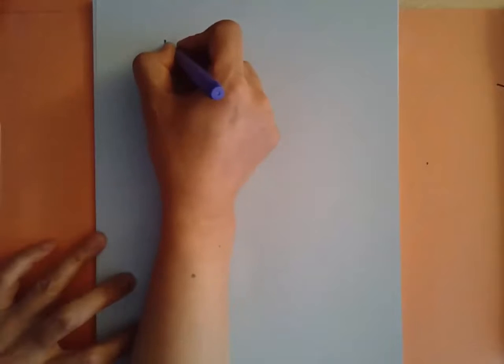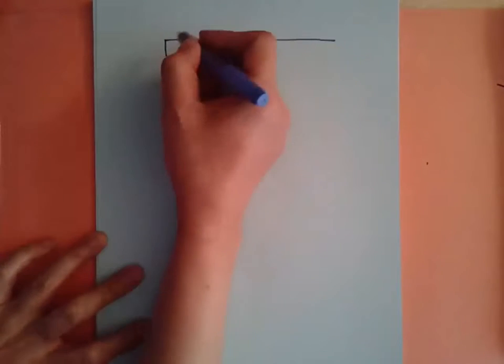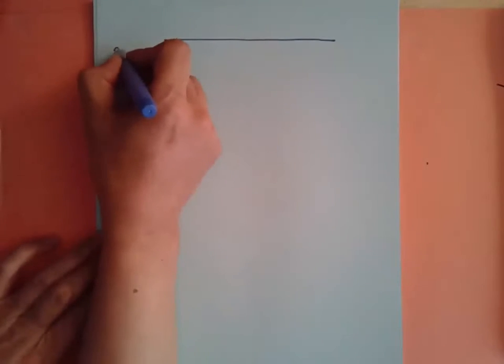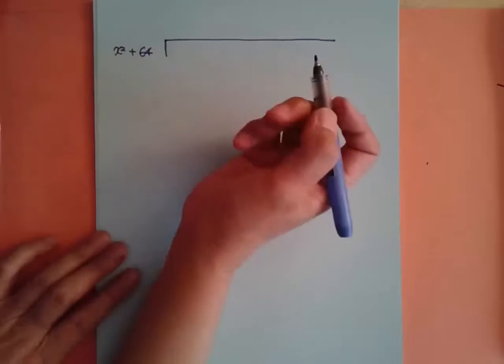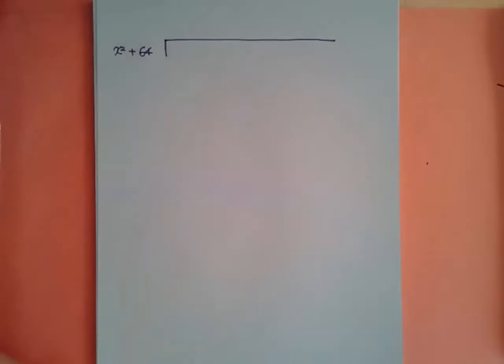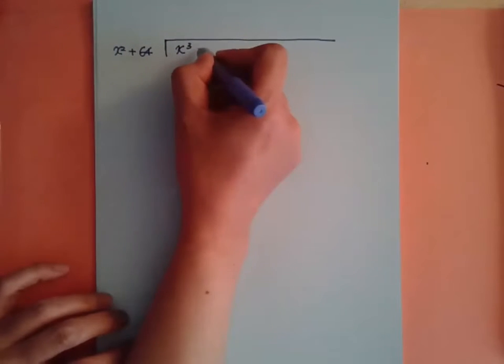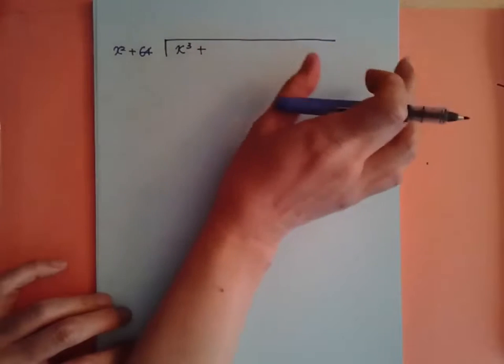When we do long division, on the right side we will write what's in the numerator, and on the left side we will write what's in the denominator, which is x squared plus 64. When we do long division, we start with the highest degree term and go down one by one.